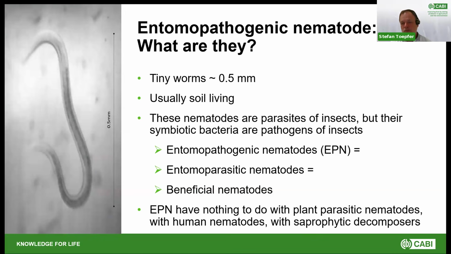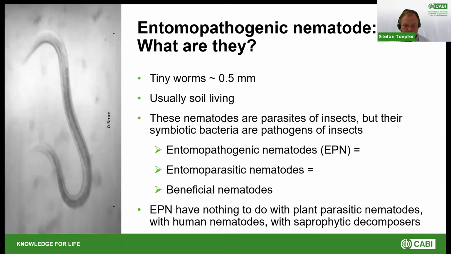And this group of nematodes parasitizes insects, but they have some symbiotic bacteria which are pathogens to insects. That's why we call them scientifically entomopathogenic nematodes, EPN, which is quite a complicated word. Sometimes we call them entomoparasitic nematodes because they behave like parasites. But simply, we very often use the term beneficial nematodes when it comes to biocontrol in practice.